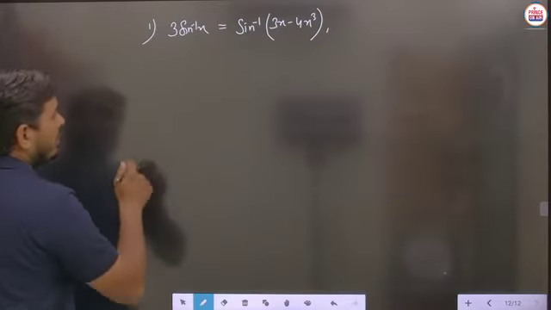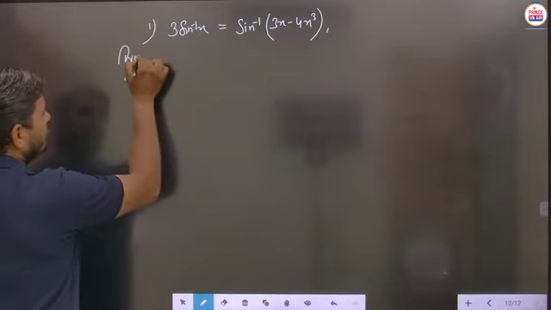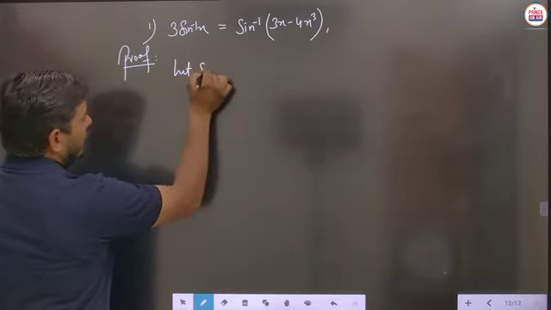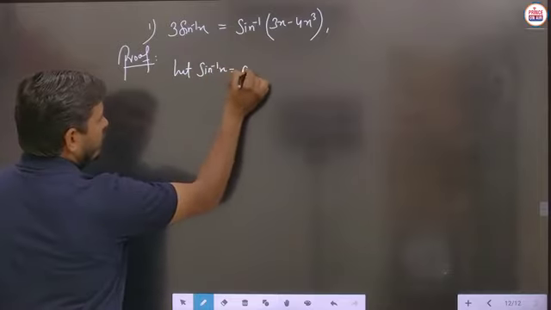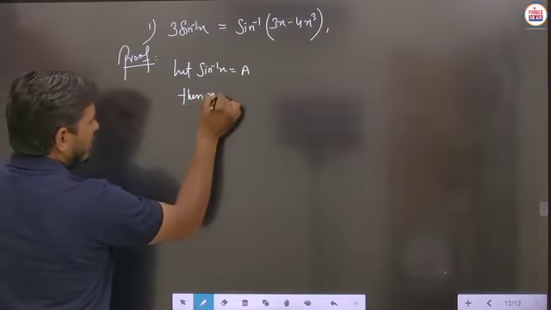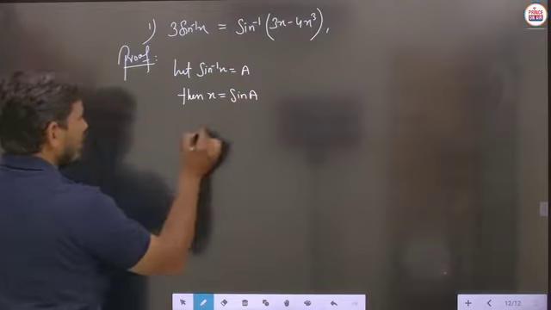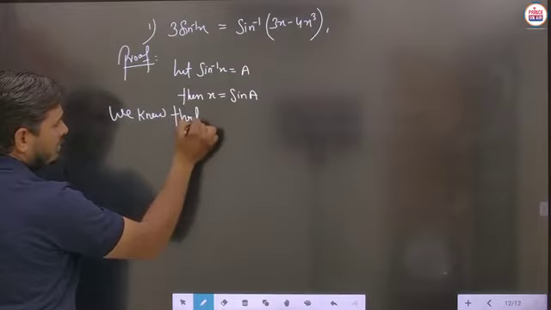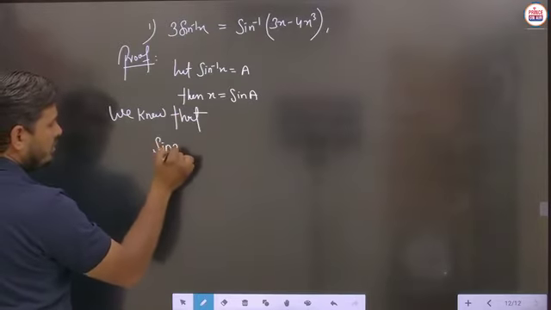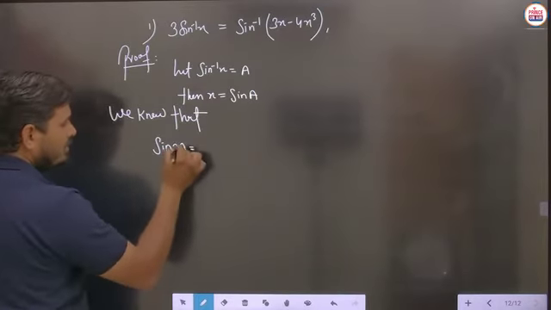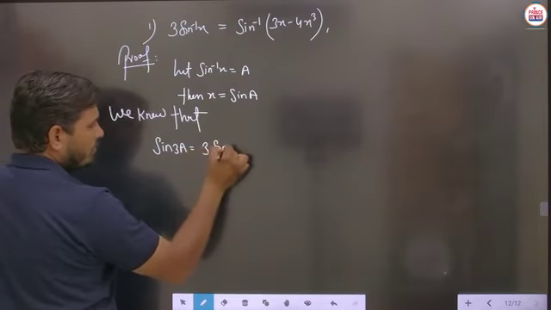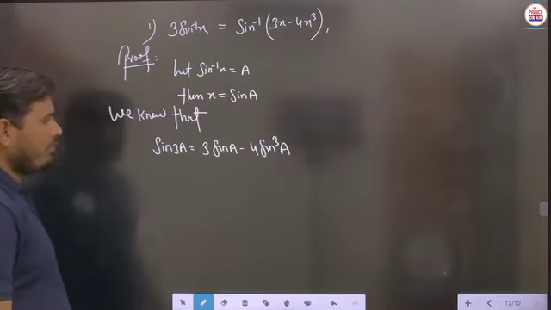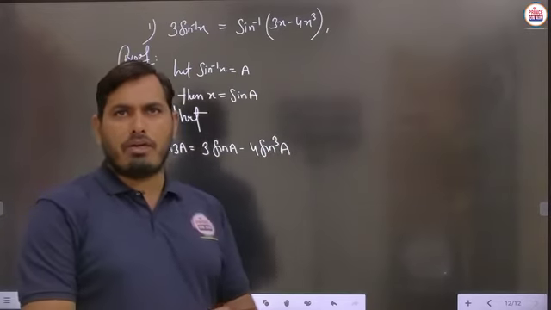So in this kind of proof we say: let sin inverse of x be taken as a, then definitely x will be written as sin a, and here we know that sin 3 theta, or sin 3a, will be written as 3 sin a minus 4 sin cube a. This sin 3a will be written as 3 sin a minus 4 sin cube a.